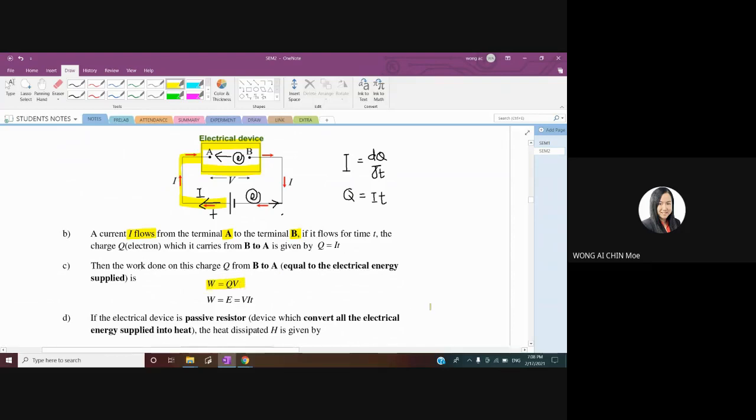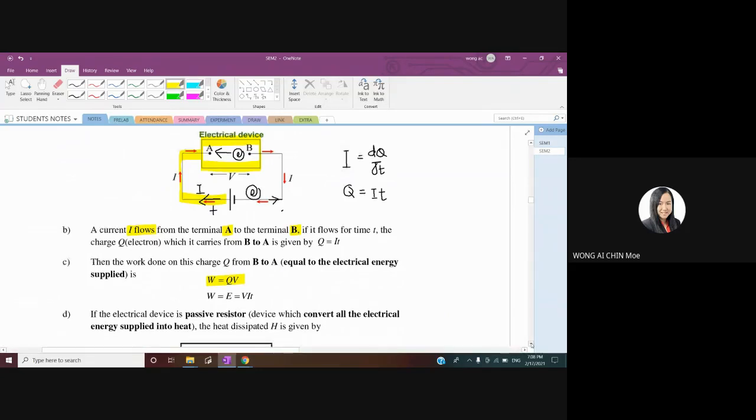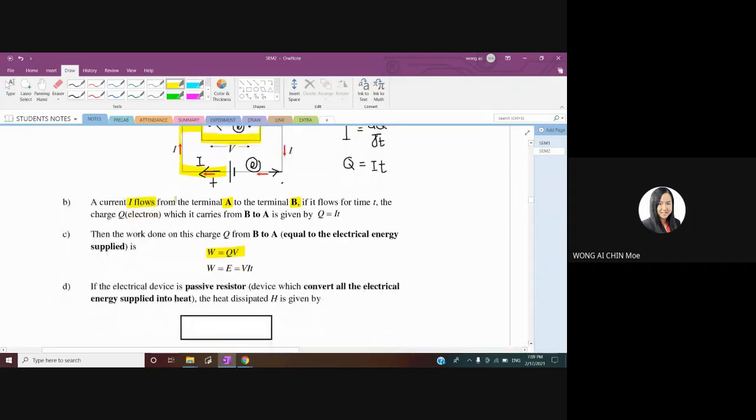Work done is the charge times the change of electric potential, so we can write work done equals delta V Q. This is what we learned in chapter 1: V final minus V initial, times Q. So V here is the potential difference across terminals A and B.